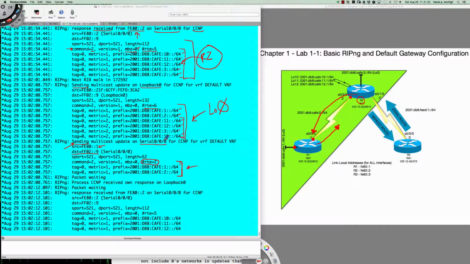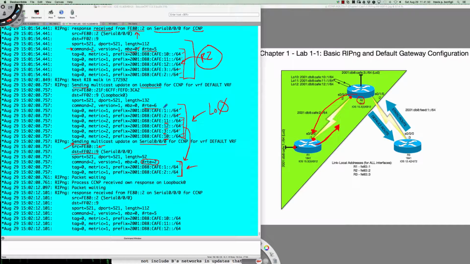Because the 10 loopback, the 11 loopback, and the 3 loopback address, I'm not going to advertise those back out because of split horizon. And so hopefully this makes sense. And remember, split horizon says that if I receive routes in on an interface, I am not to advertise those same routes back out that same interface.